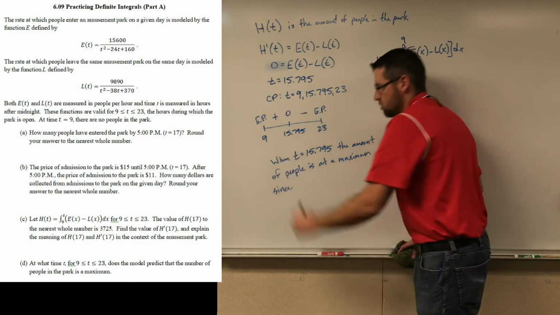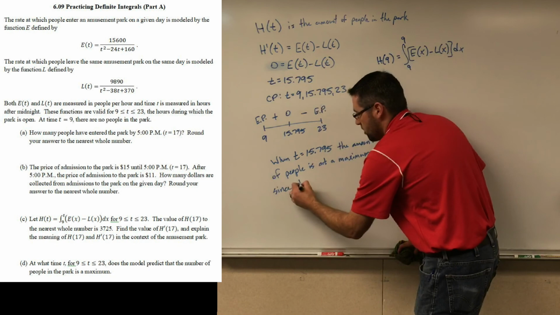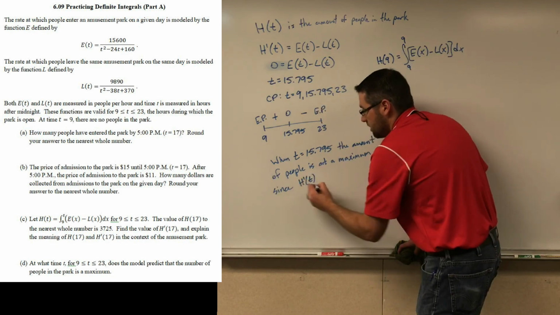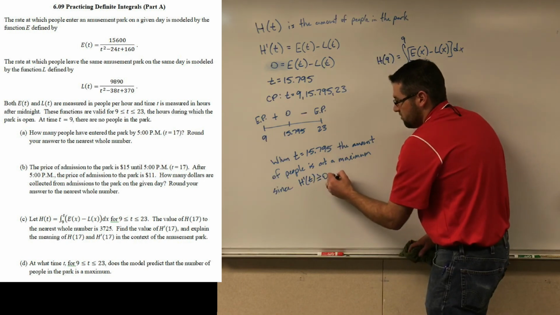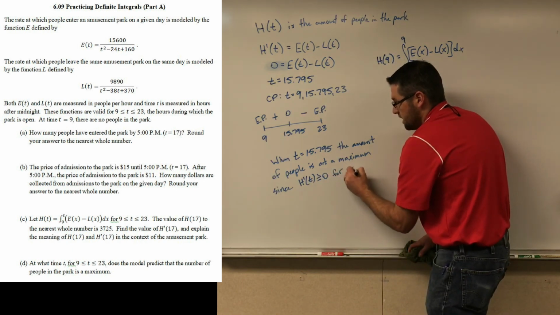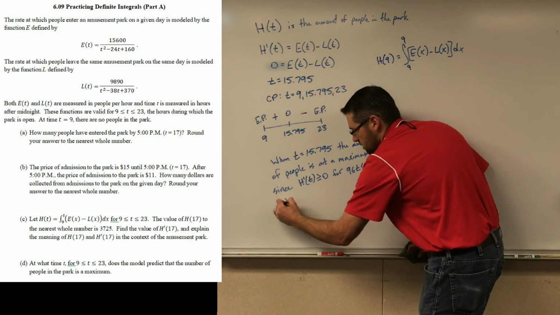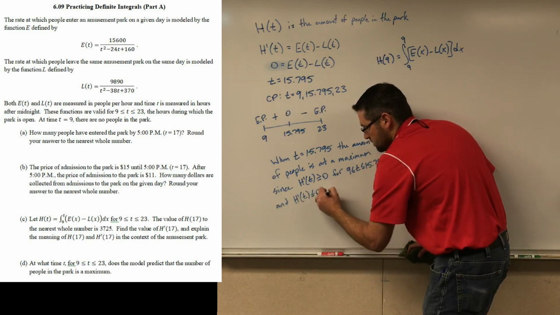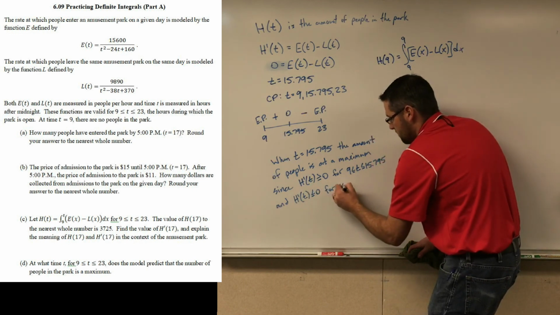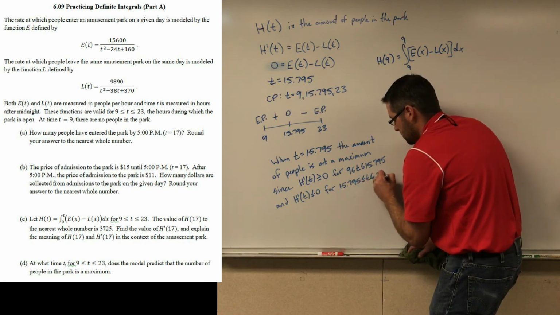Since H prime is greater than or equal to 0 for 9 is less than t is less than 15.795, and H prime of t is less than or equal to 0 for 15.795 less than or equal to t less than or equal to 20.